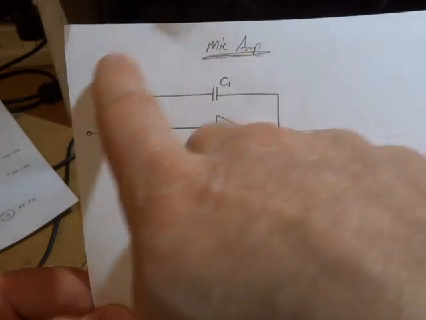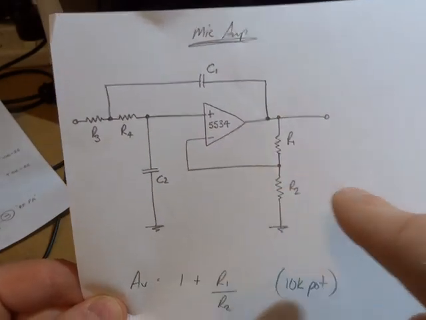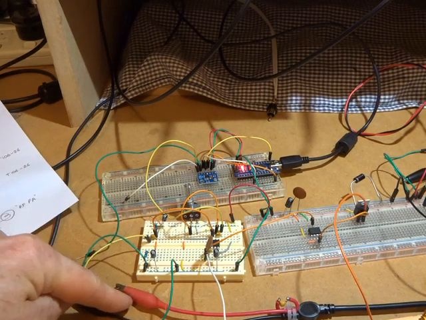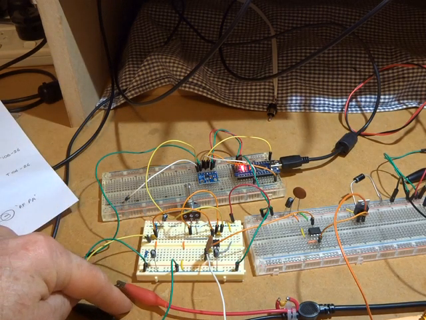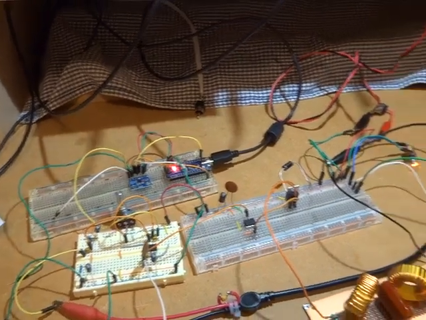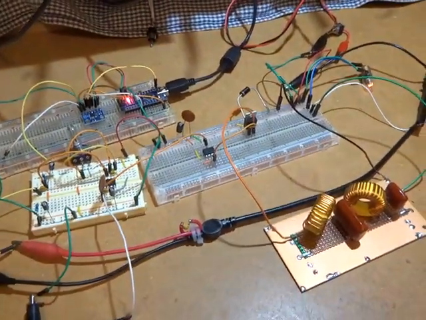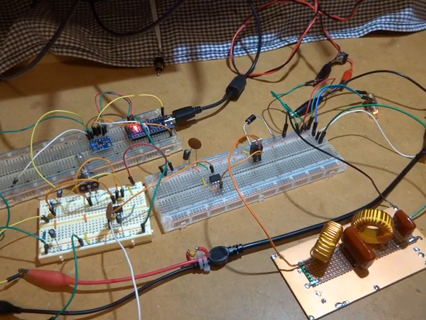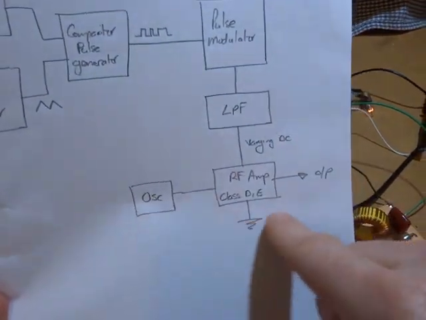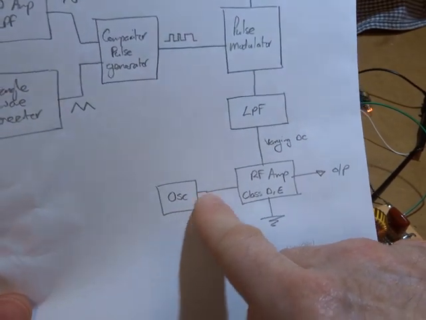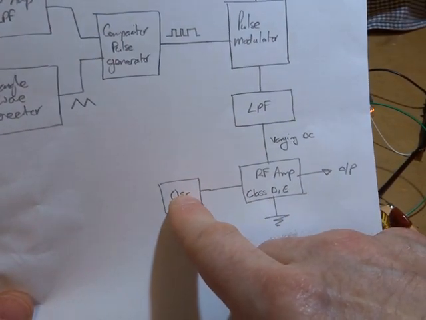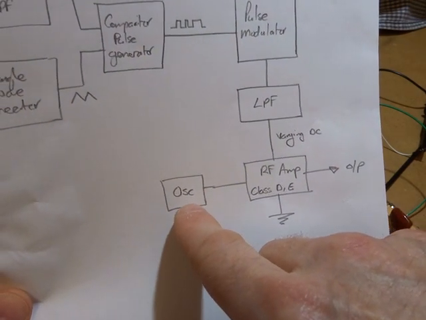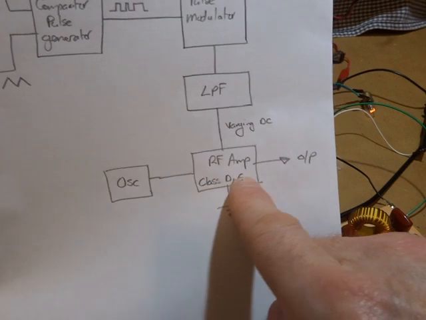So the next step is to build that and feed it into that comparator, as opposed to using the signal generator that's being used at the moment. After that, it'll be a matter of having a play around with this RF amplifier here. Like I mentioned before, the oscillator will probably be a 9850 or an SI5351, we'll have to see, controlled by that Nano.